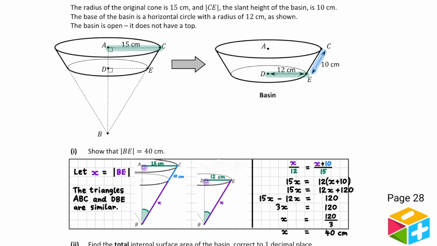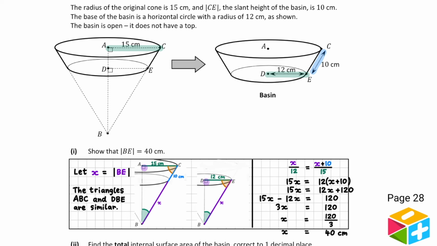They also share a common angle at B. And since the angles in a triangle always add up to 180 degrees, we can deduce that the third angle must match also. Since these triangles have the same three angles, we say that they are similar. A useful result about similar triangles is that the ratios of the corresponding sides will always be equal.